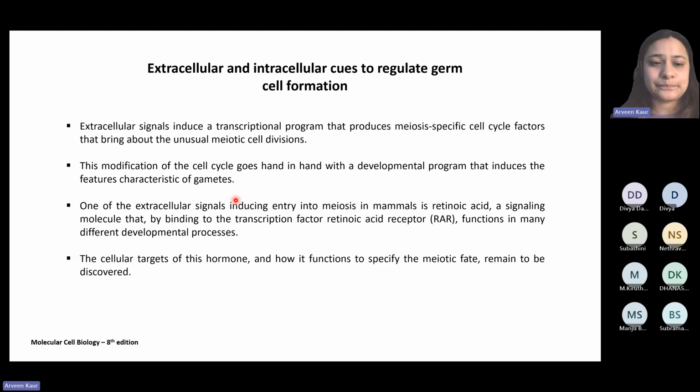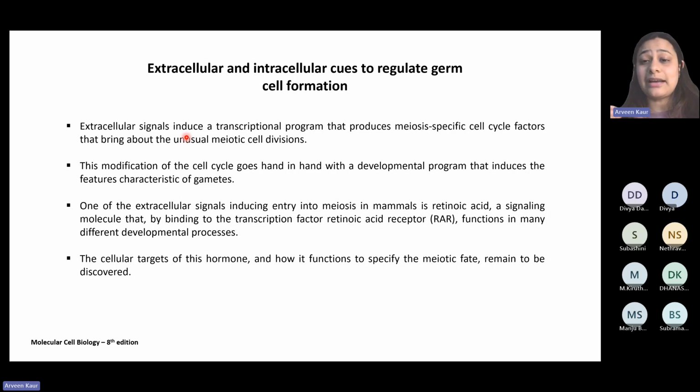And when this happens, simultaneous development of machinery that will prepare these germ cells will also start. Also, for mammals, for example, these factors or cues have not really been understood very well. So in the case of humans or higher order animals, we don't really know what is driving them to undergo meiosis and form these gametes, right?